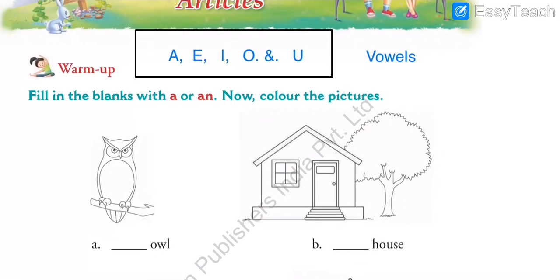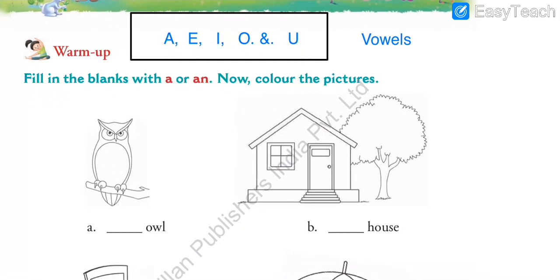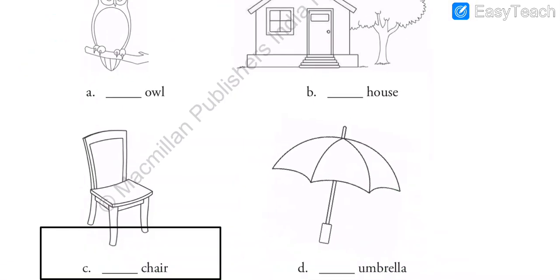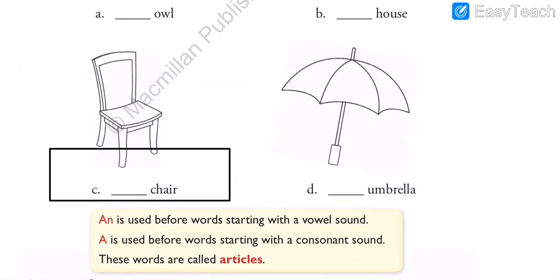In the vowels list, A, E, I, O, U, can you find C? No, we cannot find C in this list, right? So here we have to put A in the blank, right?